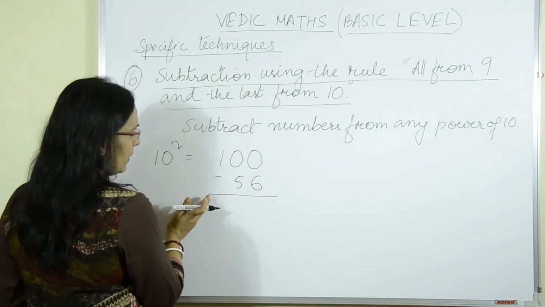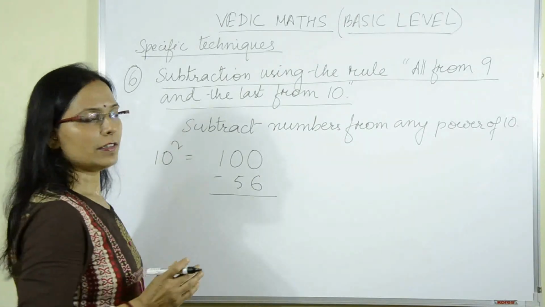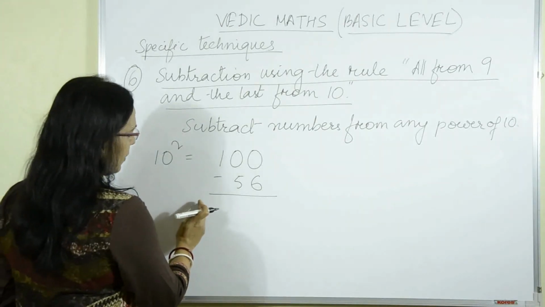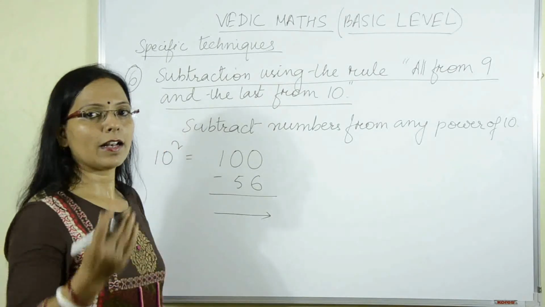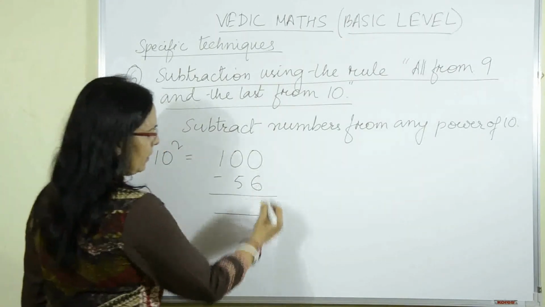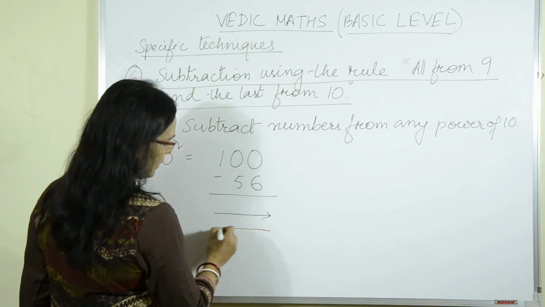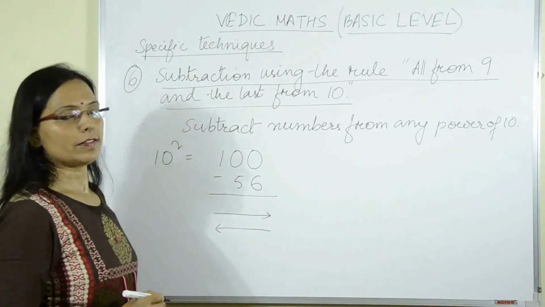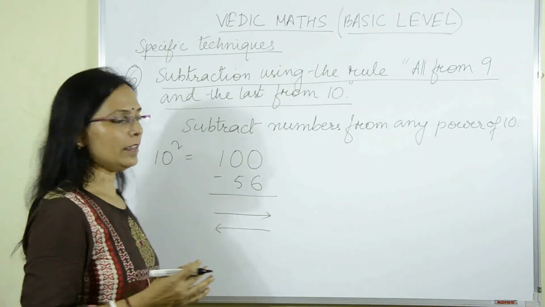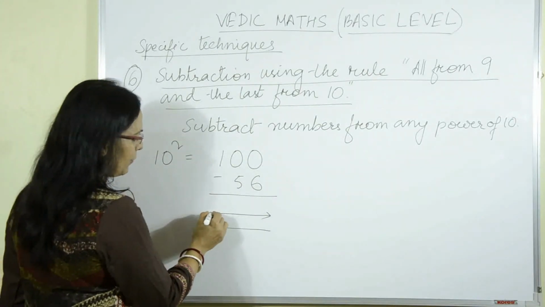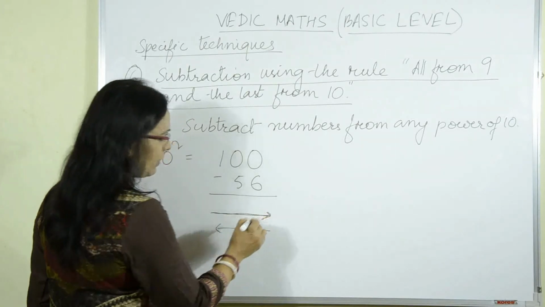Now in the Vedic method, we start from the left hand side and go towards the right hand side, unlike the general method where we start from the right hand side and go to the left. So when they say all from 9 and the last from 10, they are actually saying that we start from the left hand side and we go to the right hand side.